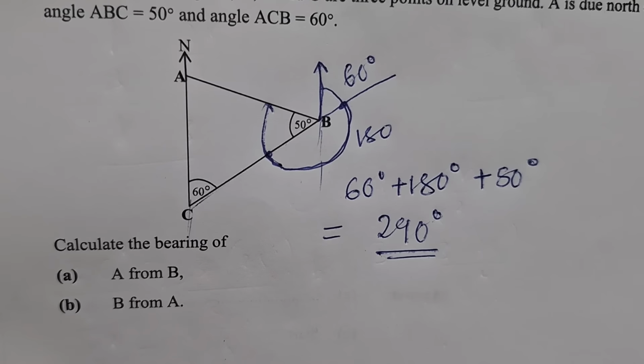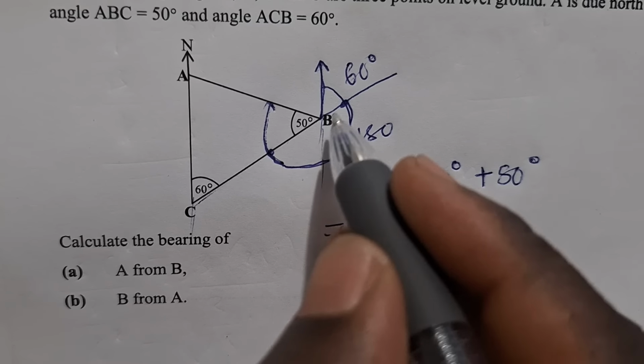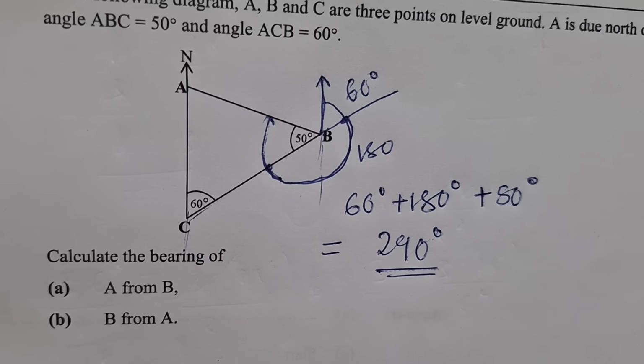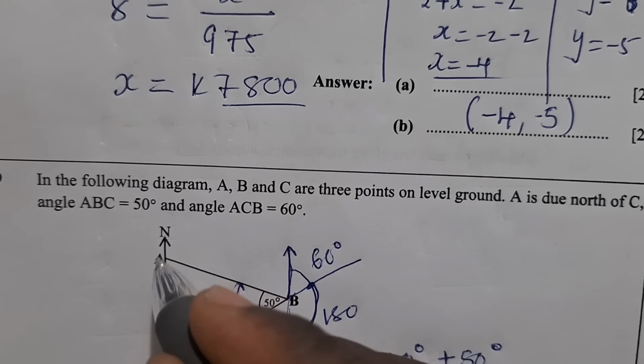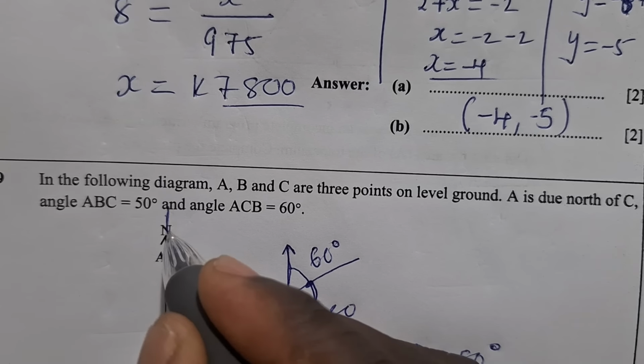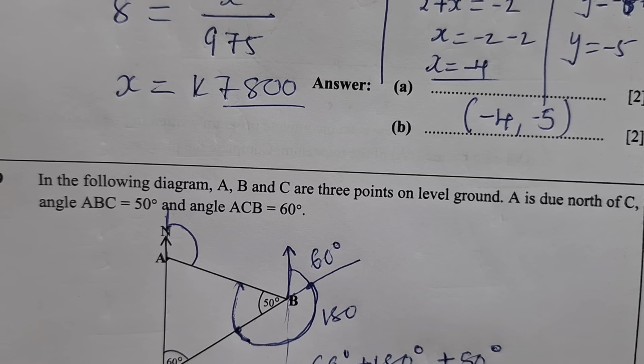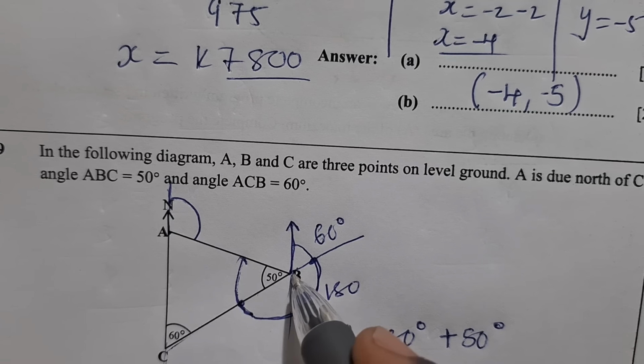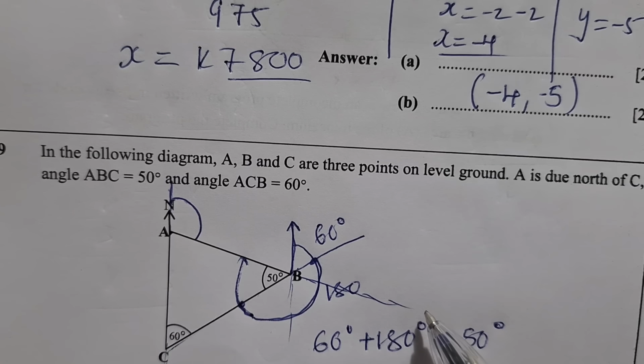Okay? For question B, they're saying bearing of B from A. So from A, we do our north, and then this is the bearing we're looking for. What we can normally do here, we can extend this.